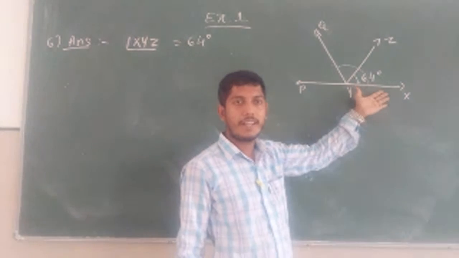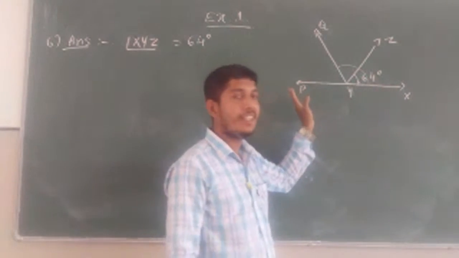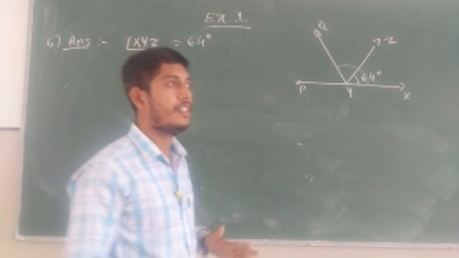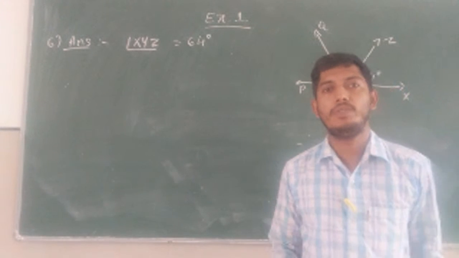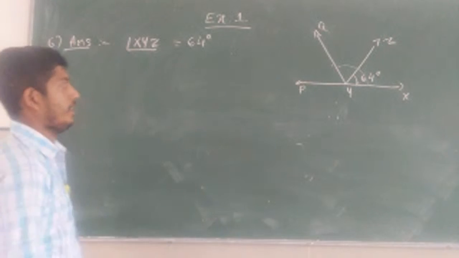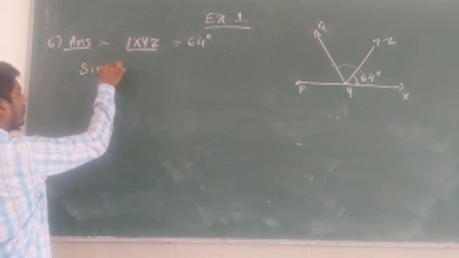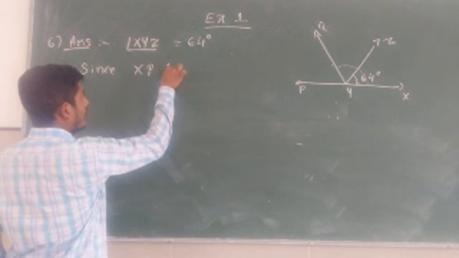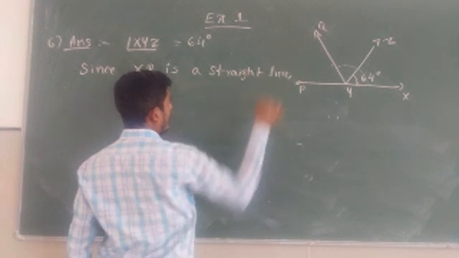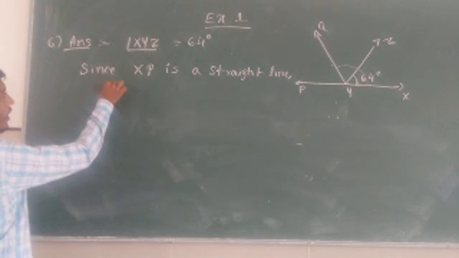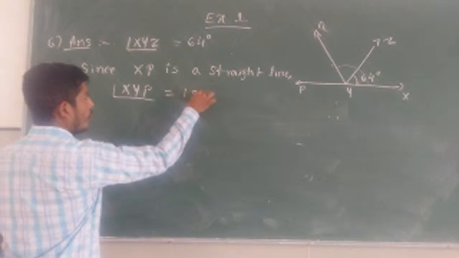Since XP is a straight line, and we know that a straight line produces an angle of 180 degrees, angle XYP equals 180.